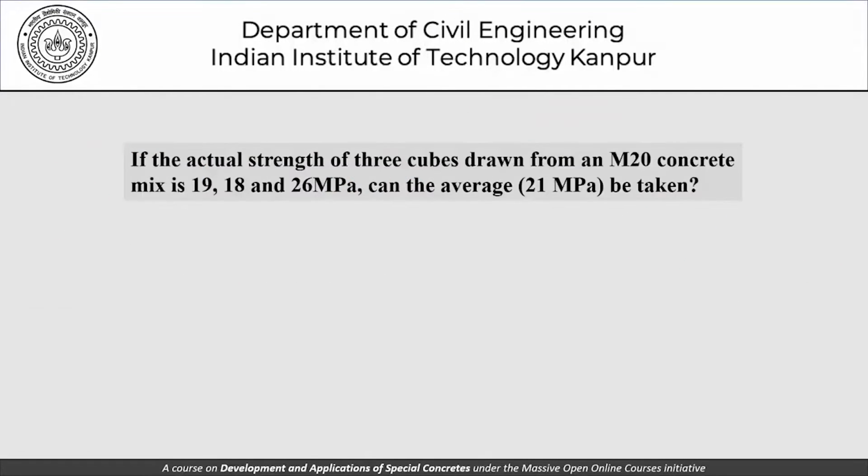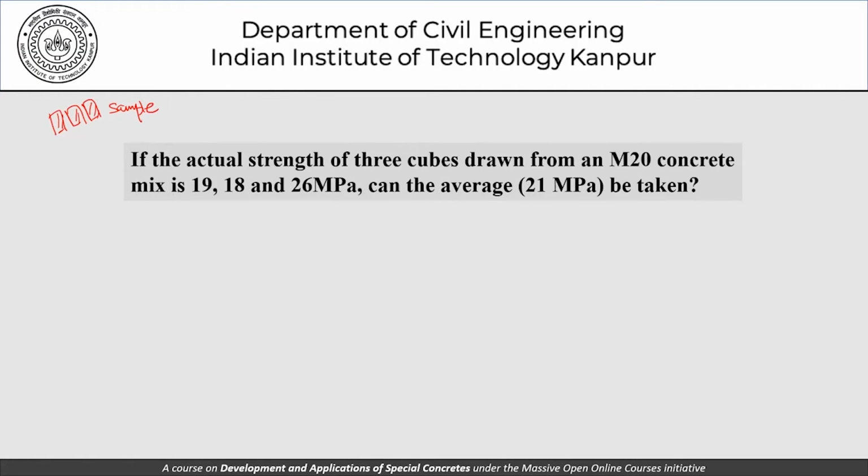We know that we do our quality control using 3 cubes. We have 3 cubes and we take the strength of these 3 cubes, and that is what is represented by a sample. Let's call each of these cubes a specimen.